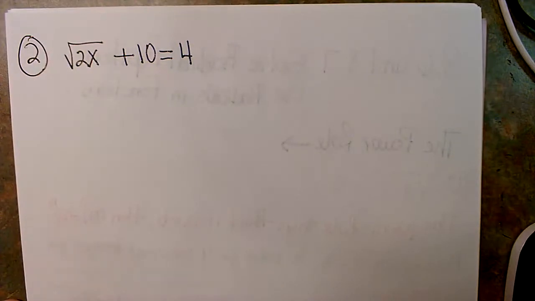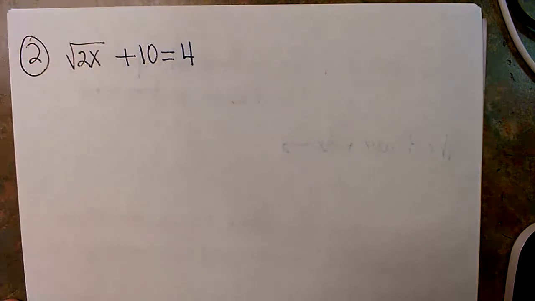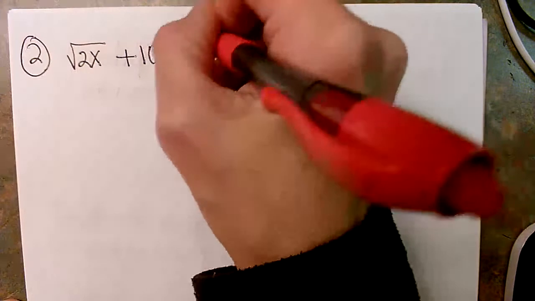The first thing that we need to do there is to isolate the radical on one side of the equal sign, if possible.